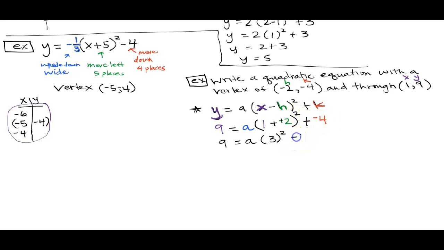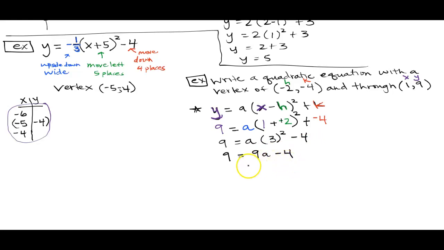Then plus a negative 4 is just minus 4. So I've got 9 equals a times 3 squared. Well, 3 squared is 9, so I've got 9a and then minus 4.